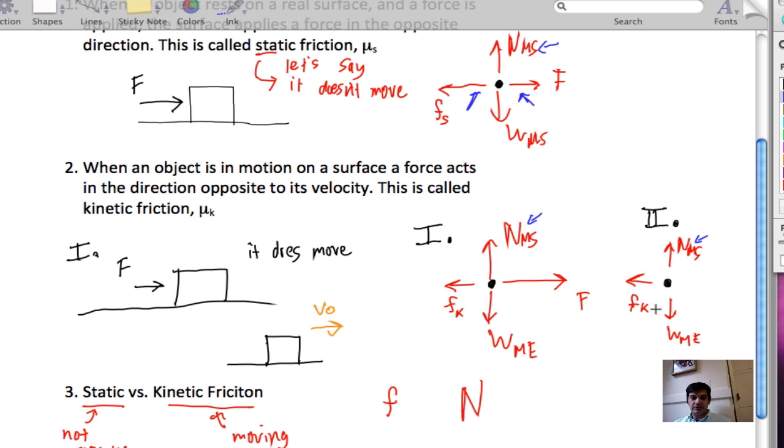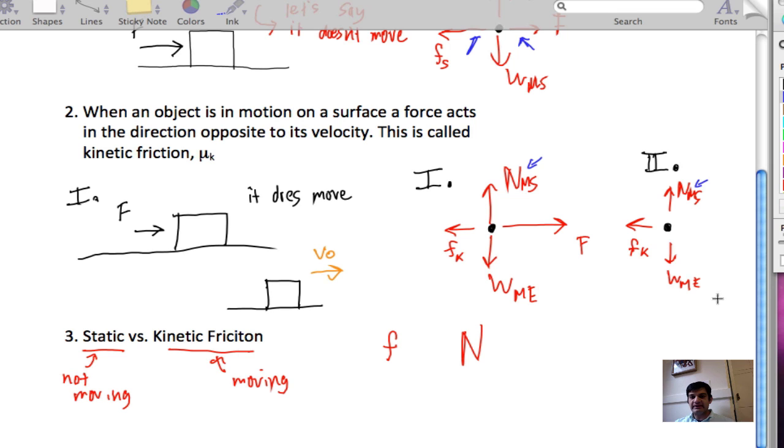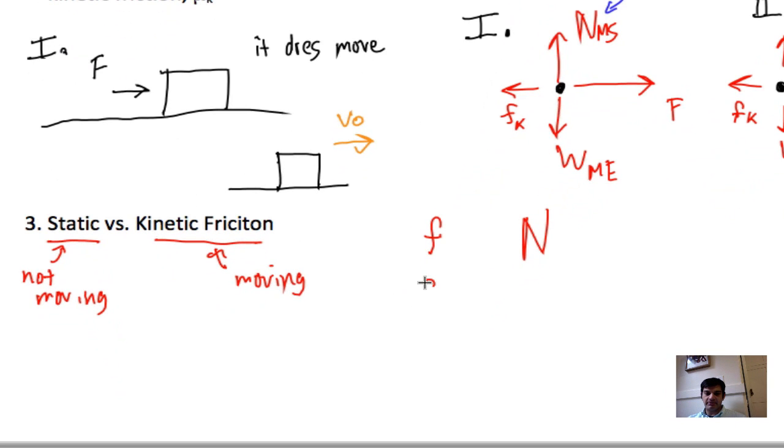So what they noticed was a relationship between the friction force that opposes motion and the normal force that a surface pushes up with. And they came up with a proportion. They said, well, the friction force is usually equal to a measurable constant that we're going to call the coefficient of friction times the normal force acting up on the object.